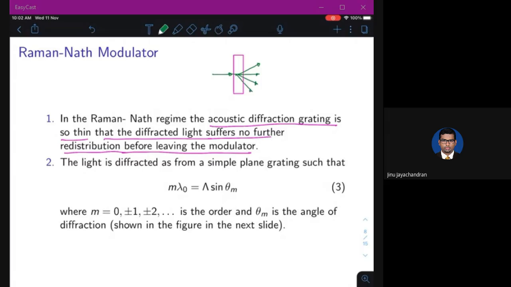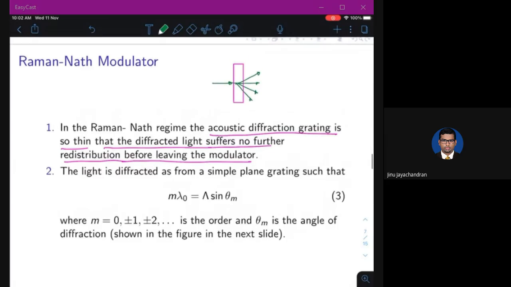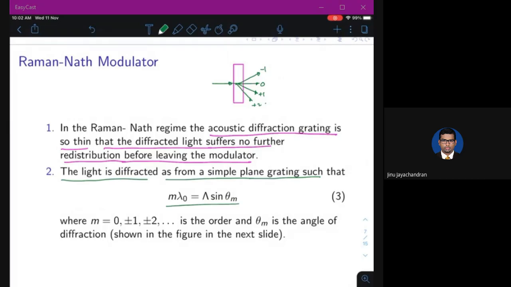Each of this diffracted light is given a number which is called an order. So this is 0, this is -1, +1, +2, etc. The light is diffracted as from a simple plane grating such that m lambda0 is equal to capital Lambda sin theta m, where m is called the order, which takes values like this.